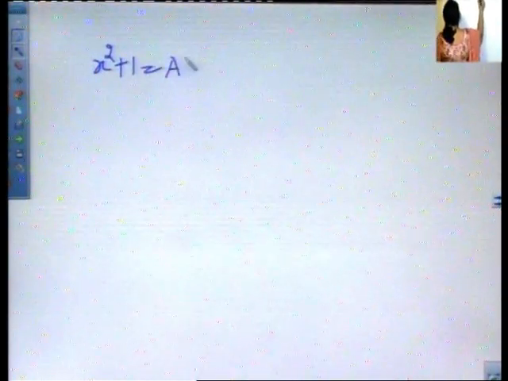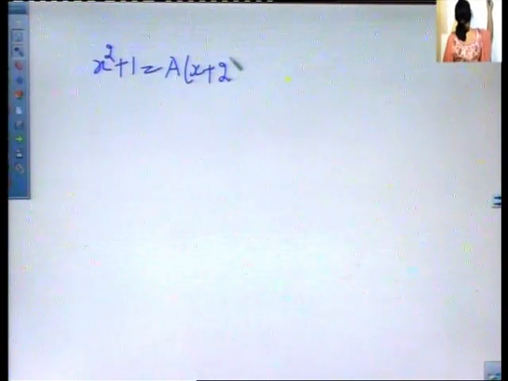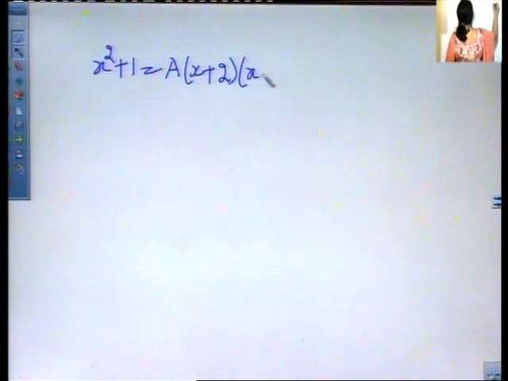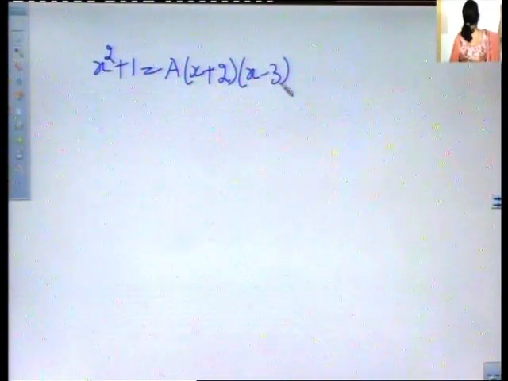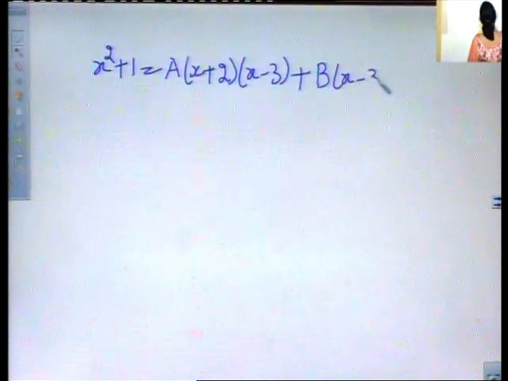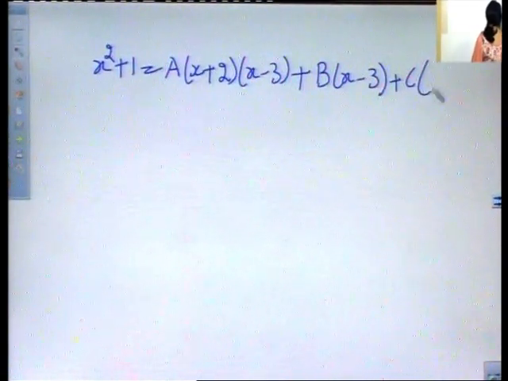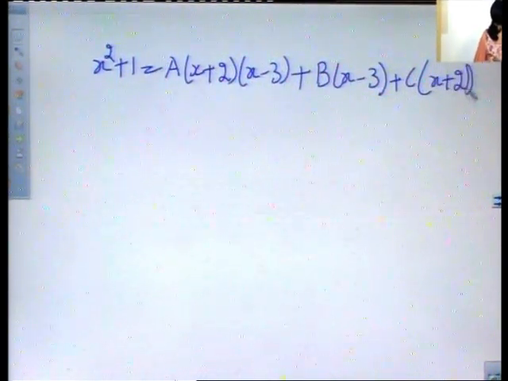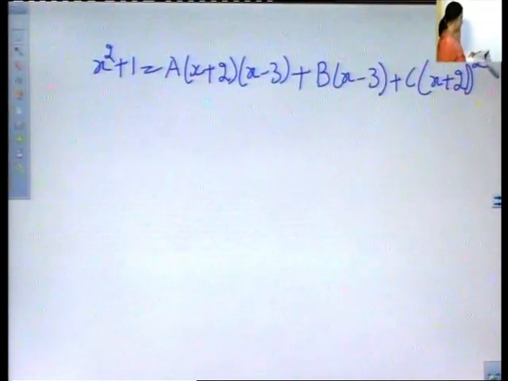The equation 2 was x square plus 1 equals a times x plus 2 times x minus 3, plus b times x minus 3, plus c times x plus 2 whole square. This was our equation number 2.